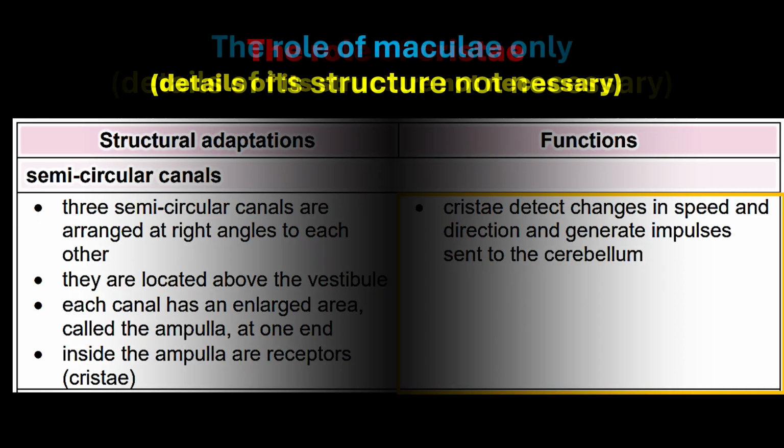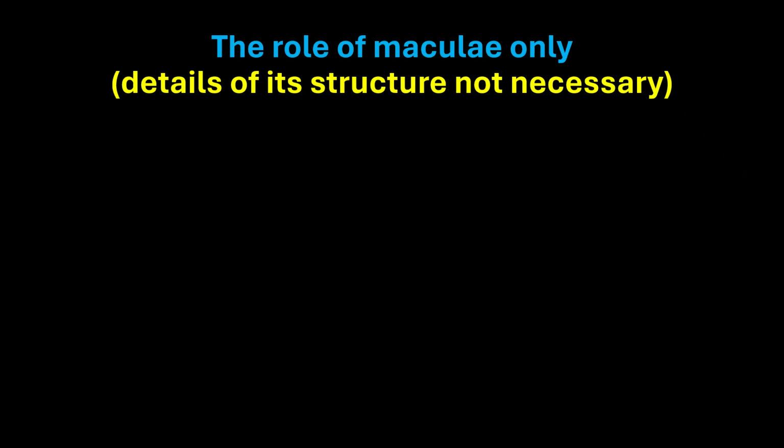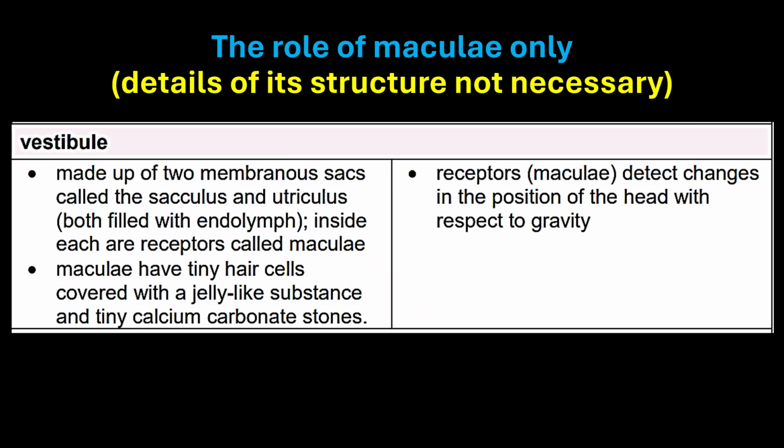Then we go to the maculae. That one too, you don't have to know the details of its structure for examination purposes according to the rules. And this is the vestibule, in which you find the maculae. Over here, it is made up of two membranous sacs, and these two membranous sacs are called the sacculus and utriculus.